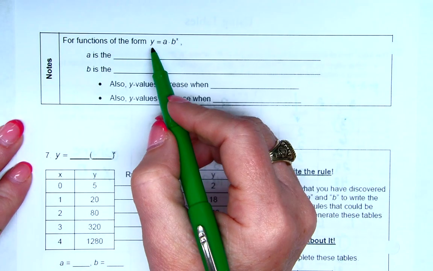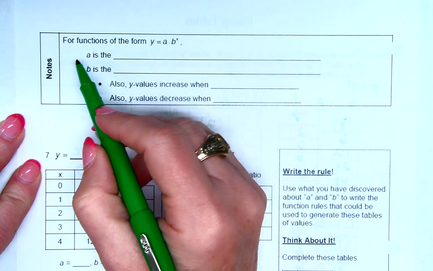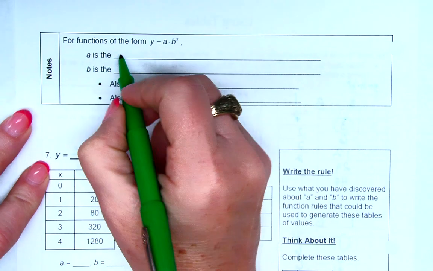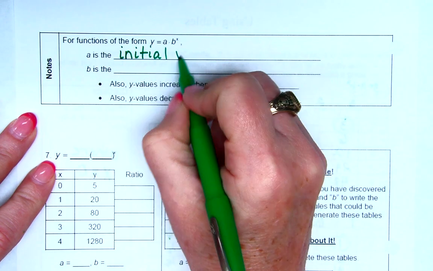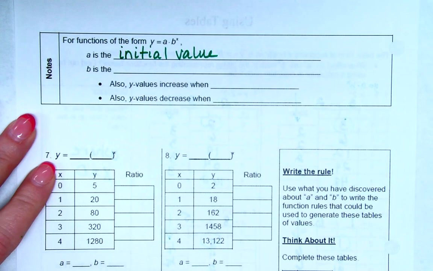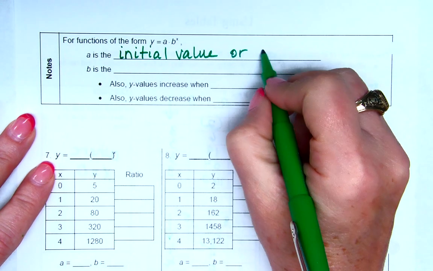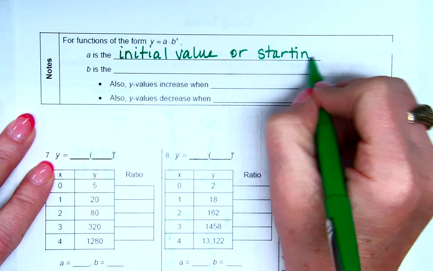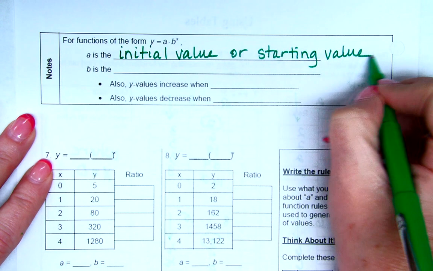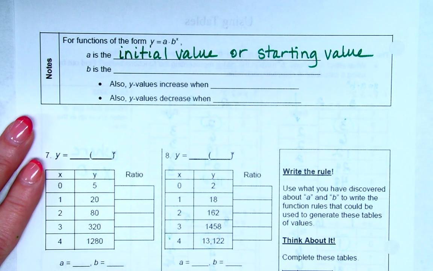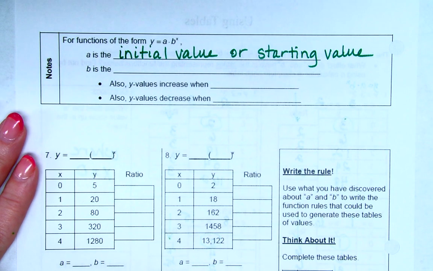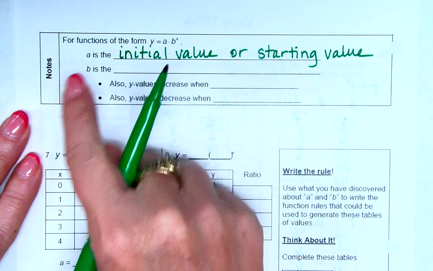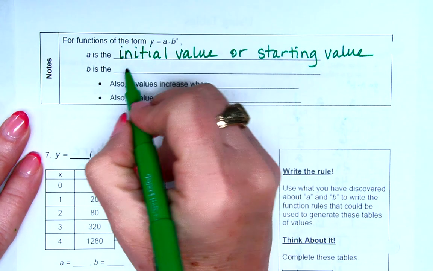For functions in the form y equals a times b to the x, A is the initial value or the starting value. What's B? The ratio.